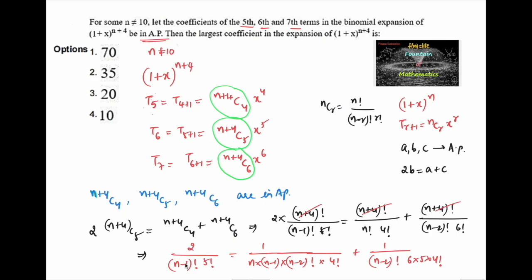Similarly, on the left side, we can write (n minus 1) into (n minus 2) factorial, and 5 factorial we can write as 5 into 4 factorial, so that the 4 factorial gets cancelled and (n minus 2) factorial gets cancelled.